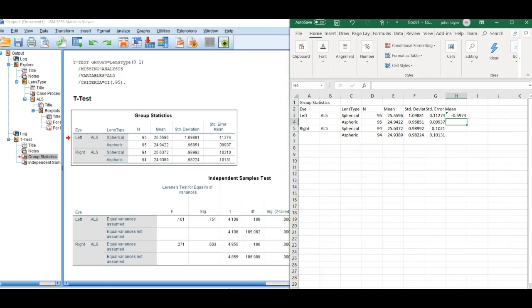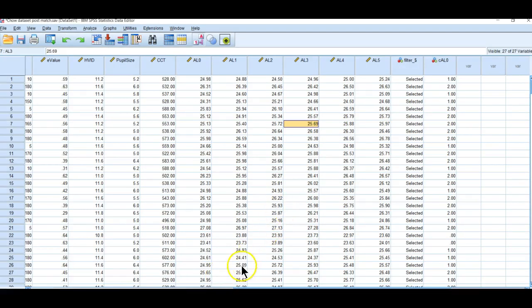All right. Now, let's look at analysis of covariance. So what we want to do is control for the differences at baseline when we look at lens type compared to 5-year follow-up.